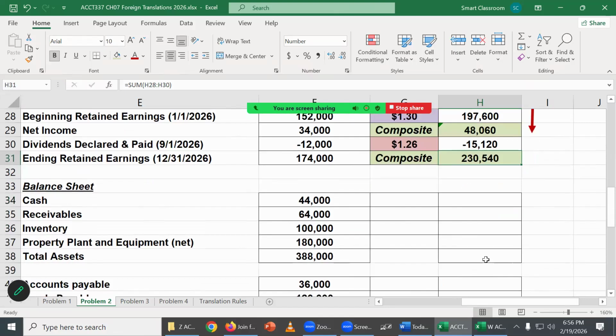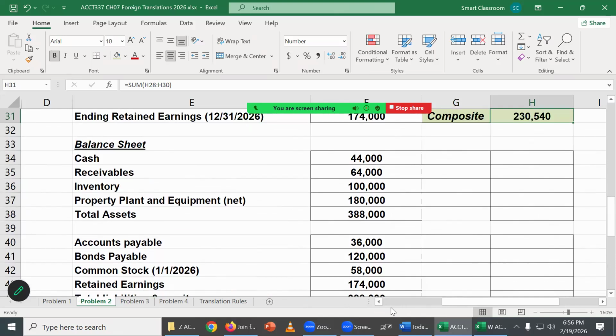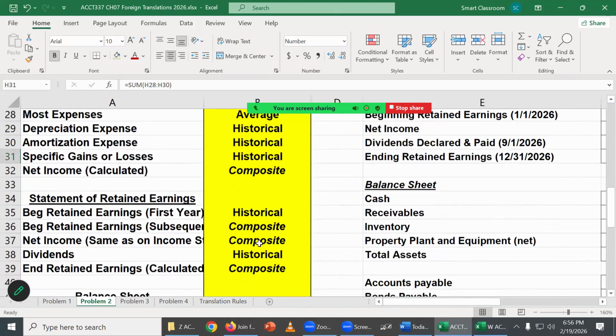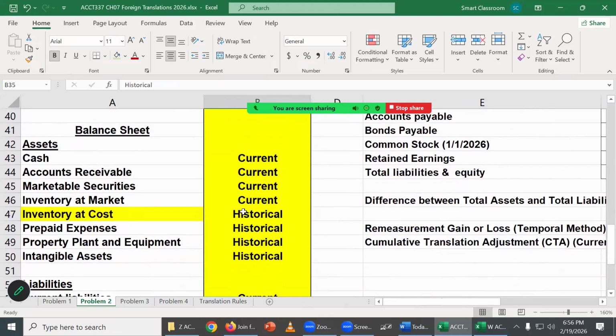Okay. So let's go to the balance sheet. So our balance sheet here, no, here we go. A lot of the stuff is going to be at the current rate.